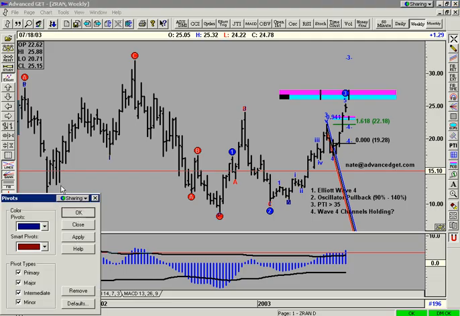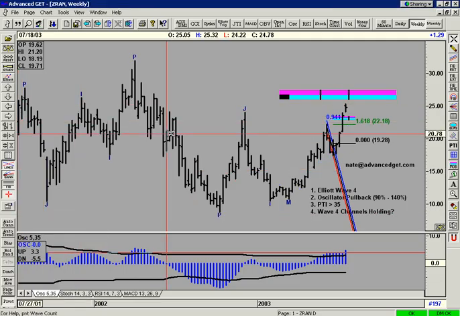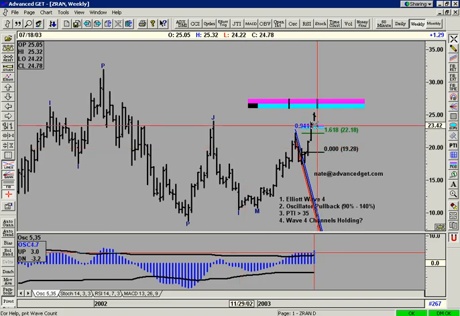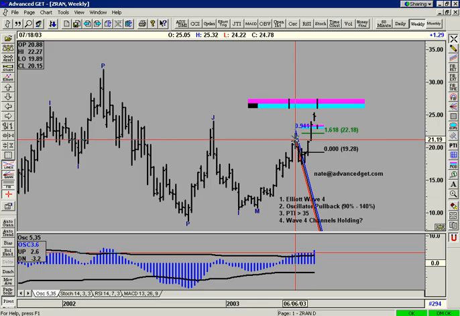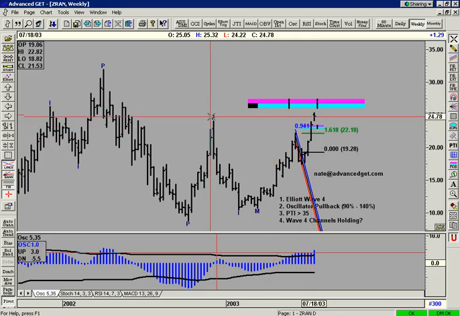If I turn the pivots on, turn the Elliott off, you'll see there's a major pivot. And this smaller mob right here was taken from this small pivot here that's not even labeled as a minor. So that's why it has a very small mob placed there, and the mob taken from this higher weighted pivot is much thicker.